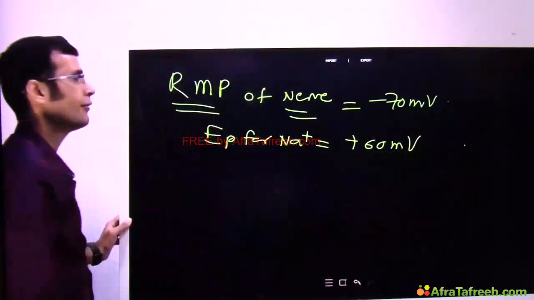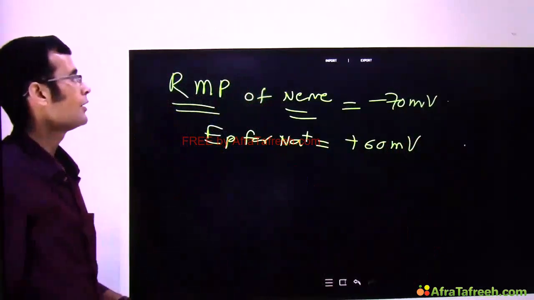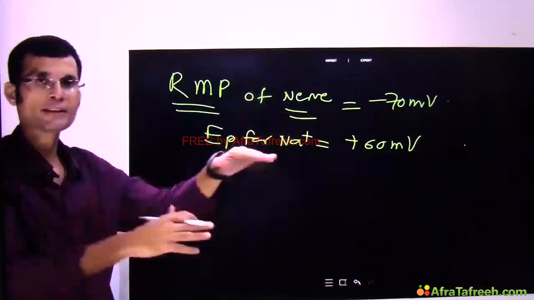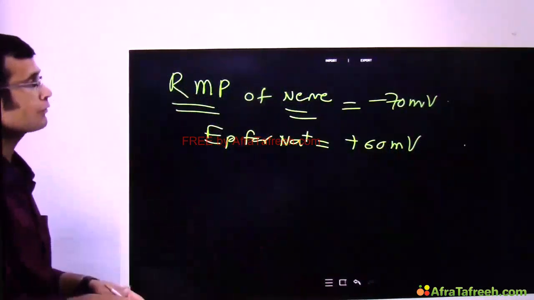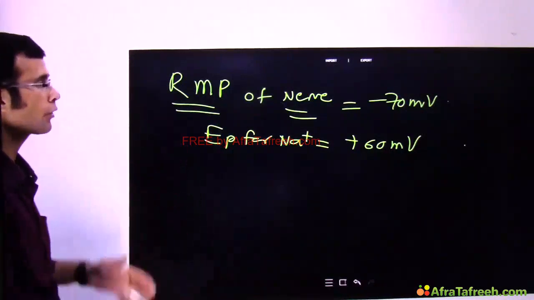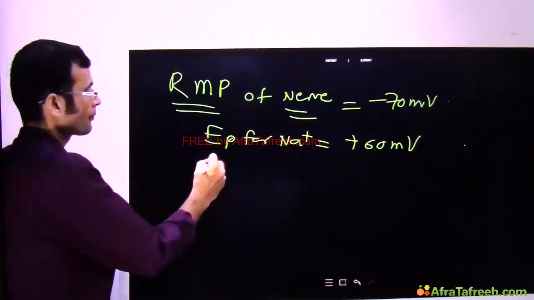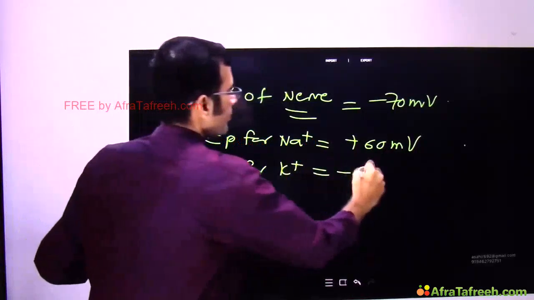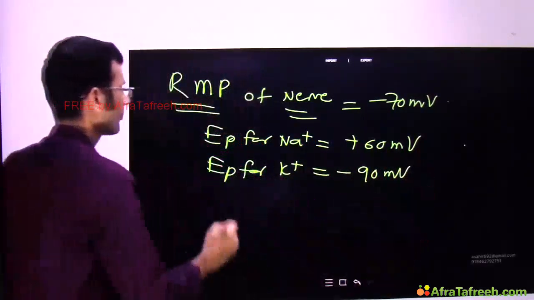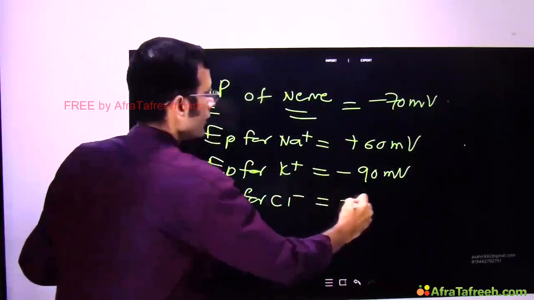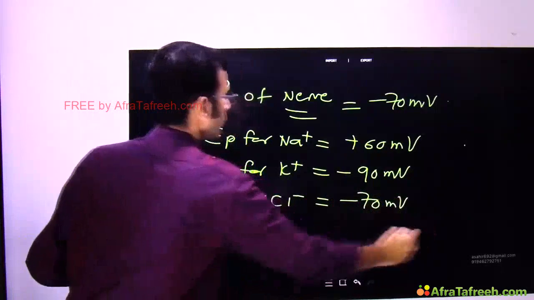You see the values are slightly different, because although ECF concentrations are the same for nerve and muscle, ICF concentrations would be different, and therefore C1 upon C2 would be slightly different for muscle and nerve. Equilibrium potential for potassium is minus 90 millivolts, and equilibrium potential for chloride is minus 70 millivolts.